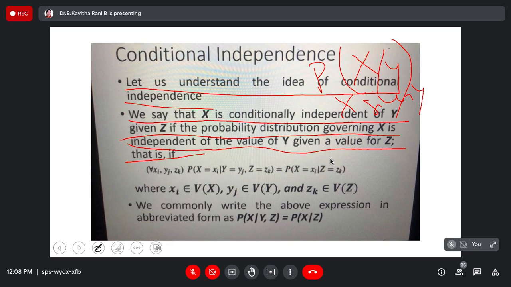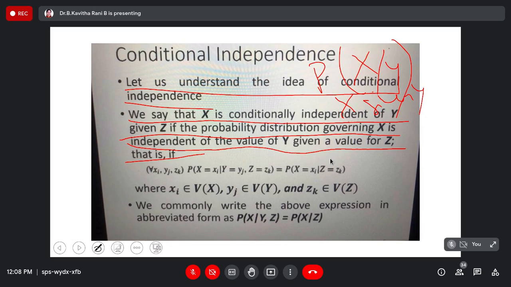So the variables are independent of itself. So X is not dependent on Y when Z is given. That is, if Z is given, which may have some conditional dependence on X, but Y will not have any dependence.